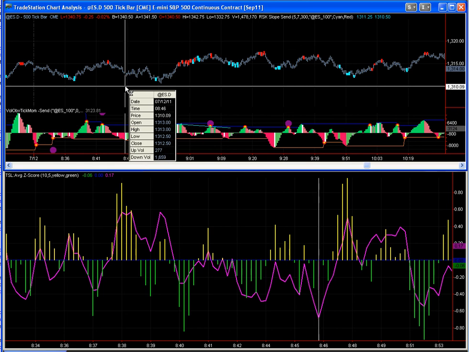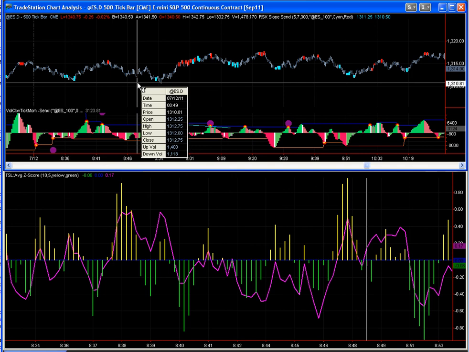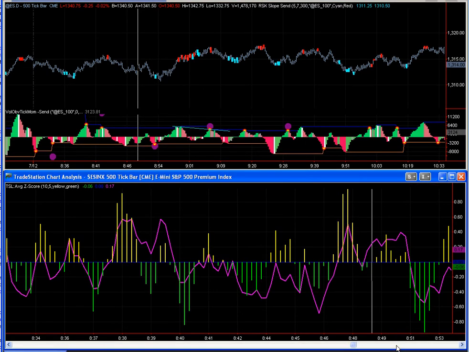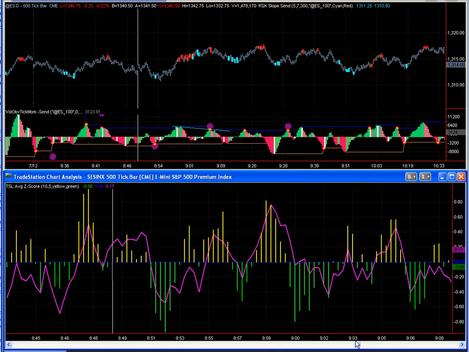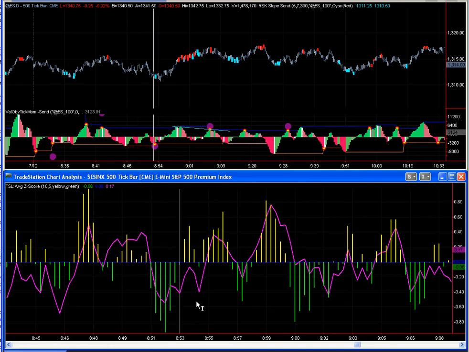Okay, come into a low, cycles one more time on the volume. Look at where the z-score is, way above. Market's going to rebound. And see how this low, this low, this low, and that low.